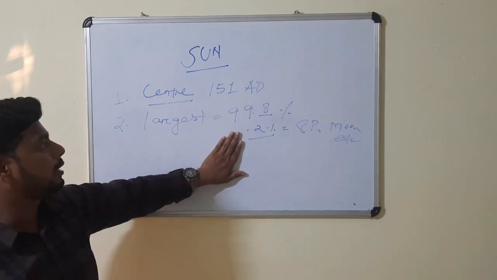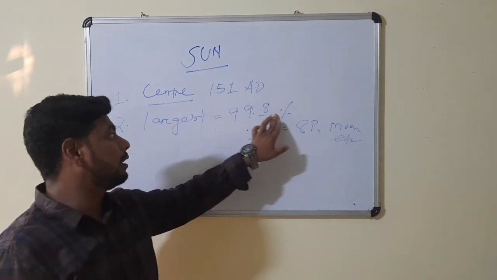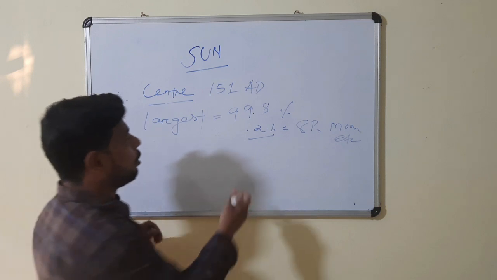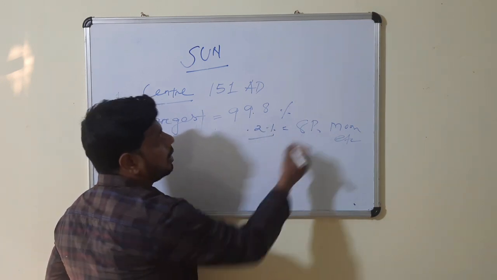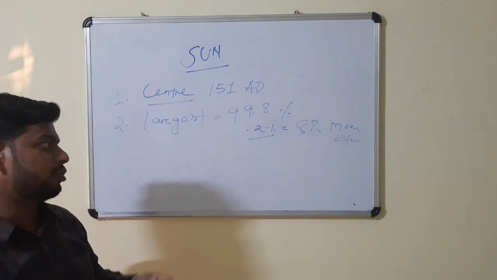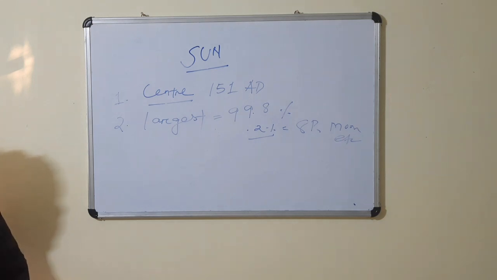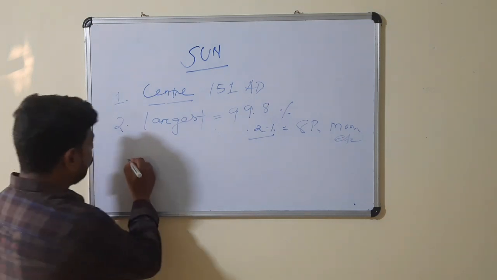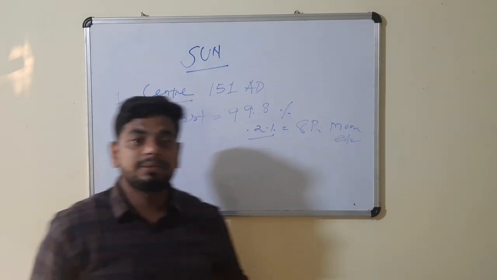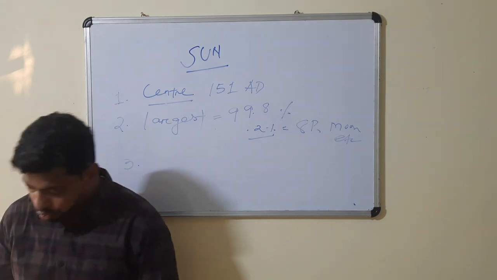It is the largest object in our solar system, with around 99.8% of the mass, and only 0.2% is the remaining planets, moons, asteroids, meteorites, comets, etc. Next, the sun has 6 major layers. What are those? Please note it, guys.